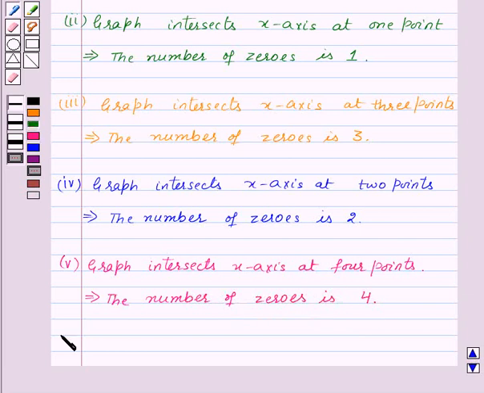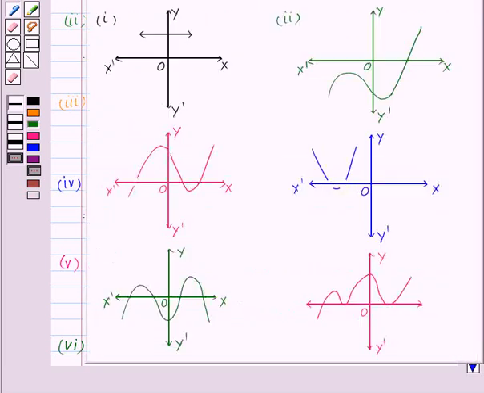Now let's do the last part, that is the sixth part. In this, the graph intersects the x-axis at first point, second point and third point.